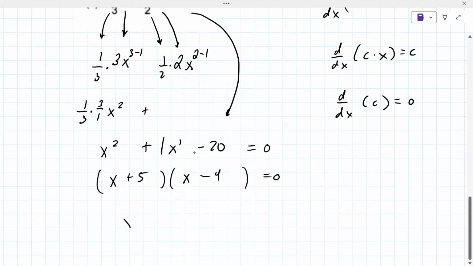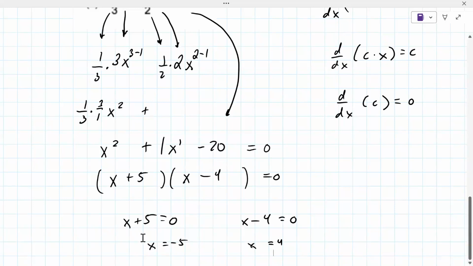So x ends up being -5, and x is 4. Okay, I got it.